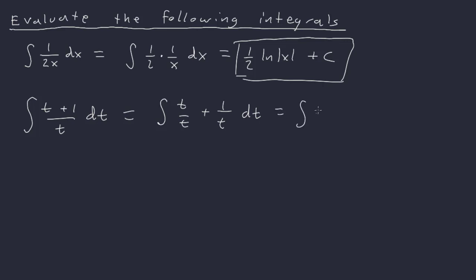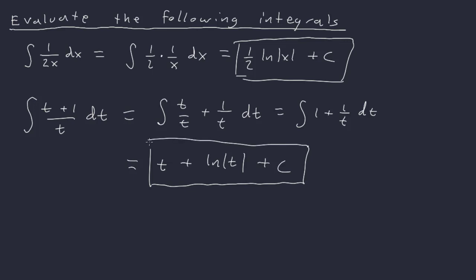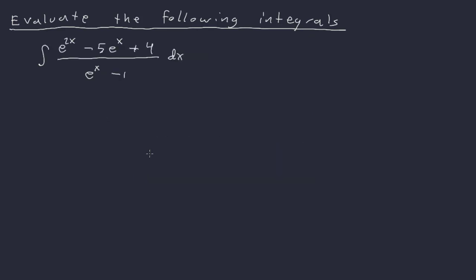Okay, so I have the integral of 1 plus 1 over t dt. And then now we can integrate. The integral of 1 with respect to t is t. The integral of 1 over t with respect to t is the natural log of the absolute value of t. And then we throw in the plus c, and we've got it. And that's that.